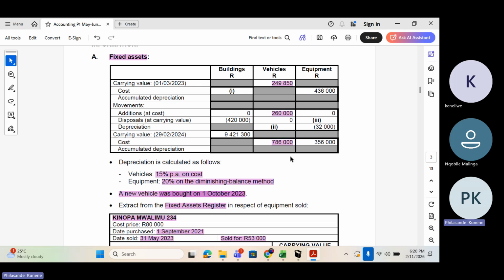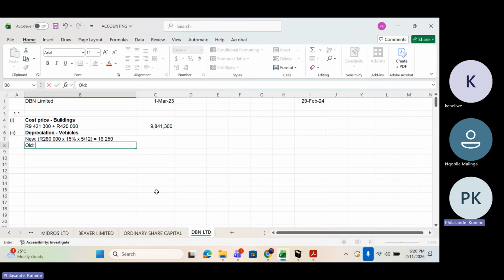And then that will be the cost price of the old vehicles. So my starting point will be 786,000 minus the cost price of the new vehicle, which is 260,000.